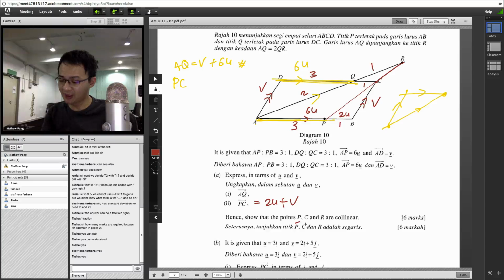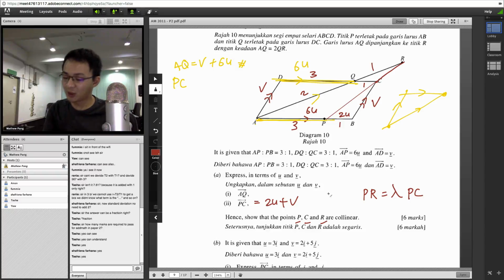Since they want P, C, and R, I do not have PR yet, but I have PC. I think it's possible for me to find PR also, because I can see the ratio. So I will say PR equals lambda, and then I can easily get PC, right?